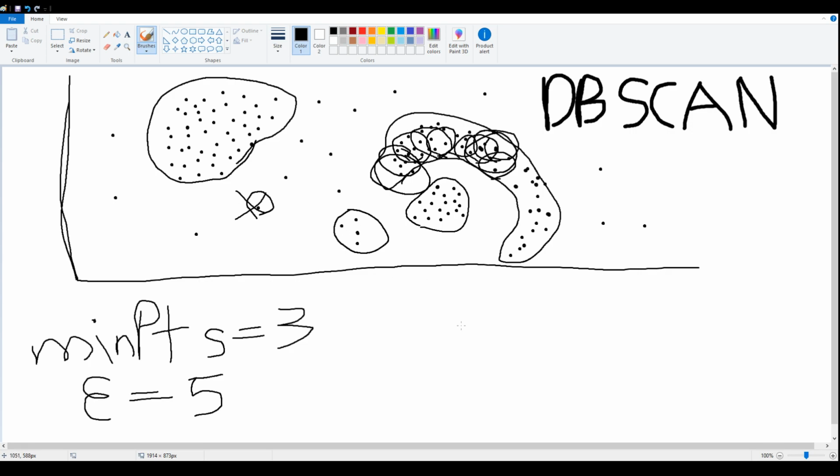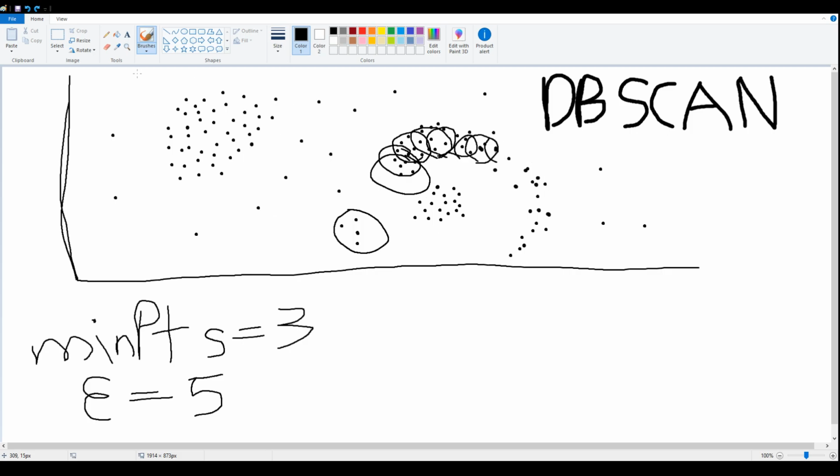The second problem comes when you have data that has different densities in its clusters. Let's say you have this cluster here, but what if you also had a much denser cluster as a subset of it, like that?